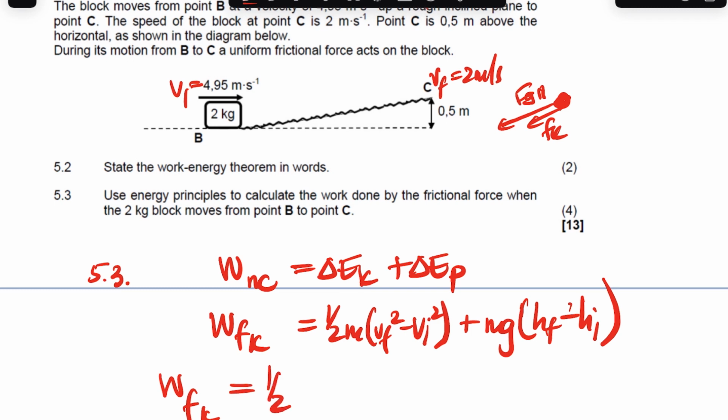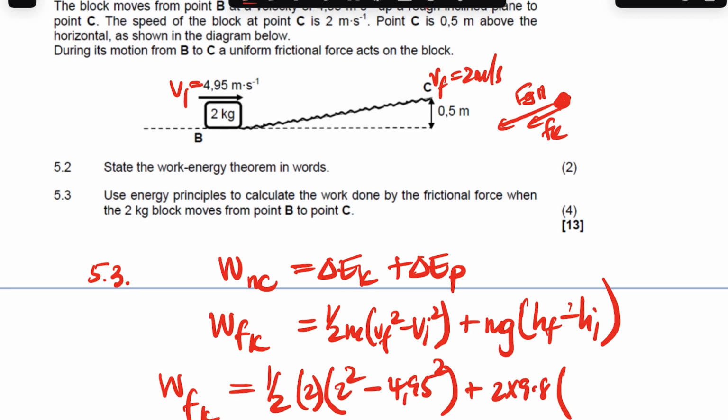So now I'm substituting. It's going to be half times the mass of the block, which is 2, and the final velocity is 2 squared, minus the initial, 4.95 squared. Guys, when you put it in the calculator, don't square the negative, you just square the number only. Plus 2 times 9.8, which is mg, and the height final is 0.5. The height initial is 0.